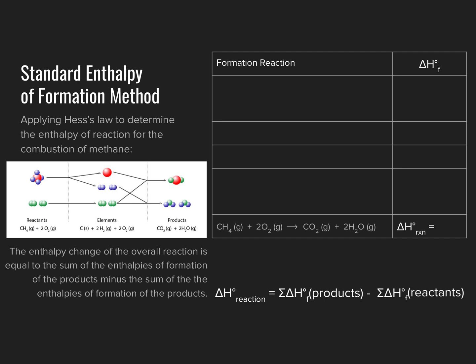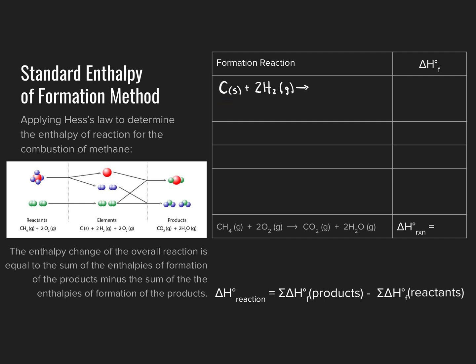So let's go ahead and start off here with my reactant species. On the reactant side of my equation, I know that I'm going to need to have methane gas, that is CH4. So let's go ahead now and write the formation reaction describing the formation of methane gas out of the elements which comprise methane in their standard states. That is to say, if I wanted to make methane CH4 out of elemental carbon, the carbon would have to be in solid phase, so that would be carbon solid.